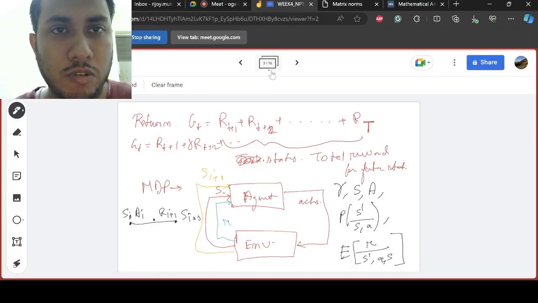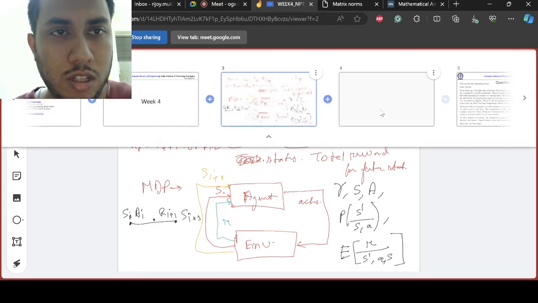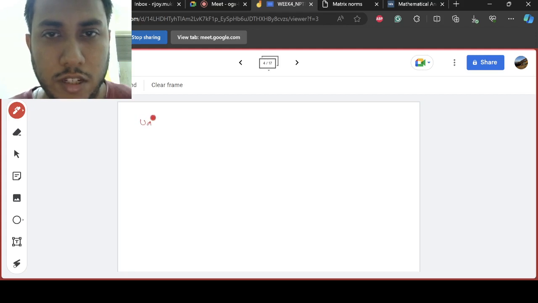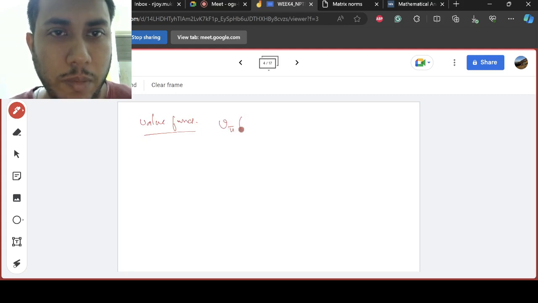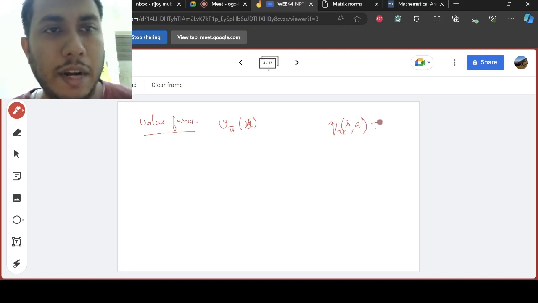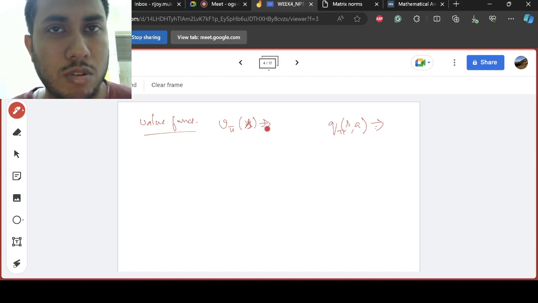Also, you were introduced to the term value function, V pi of S, and the action value function. These are the two terms you were introduced to.